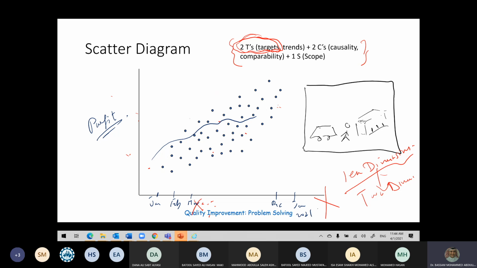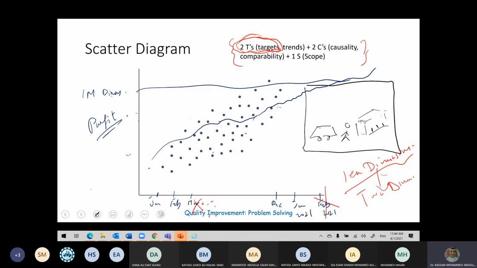And let's say this is 2021, and this is Feb 2021. And you're saying that I want to achieve 1 million dinars by 2021.